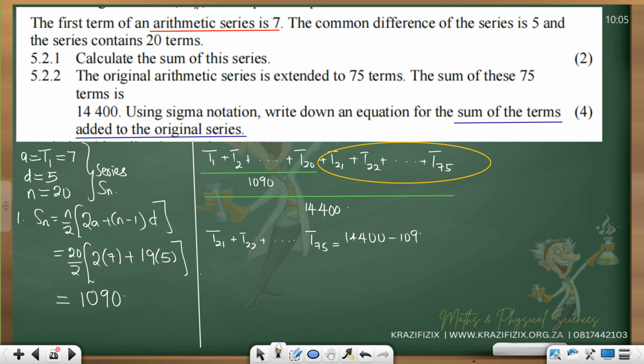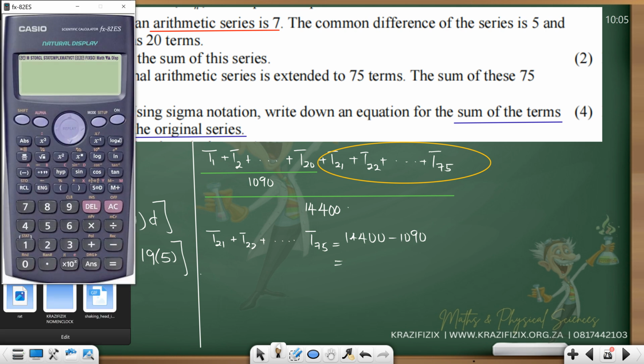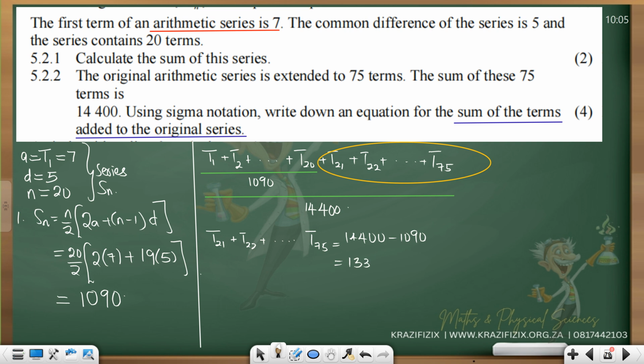Okay, that's the first thing that is coming to my mind as an interpretation. What will that give us? 14400 minus 1090. Lovely. 13310.